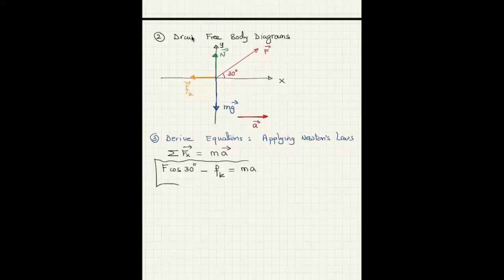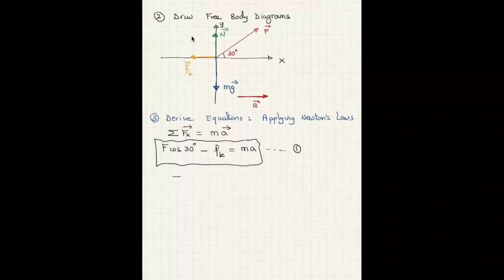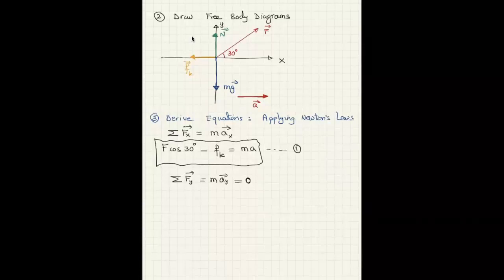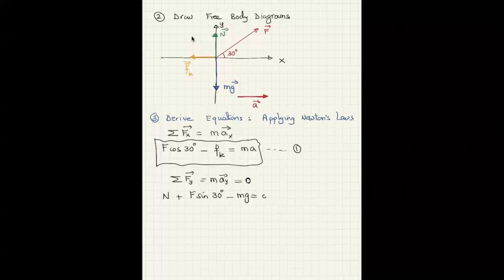This is my first equation, but still I need another one, and that one I will get from sigma Fy equals m ay. Here it is m ax. We don't have any acceleration along the y, and then this is going to be 0. I can say here normal plus F sine 30 minus mg should equal 0.